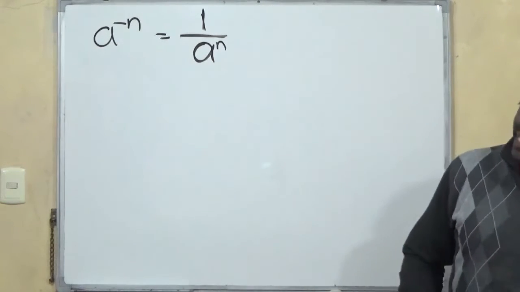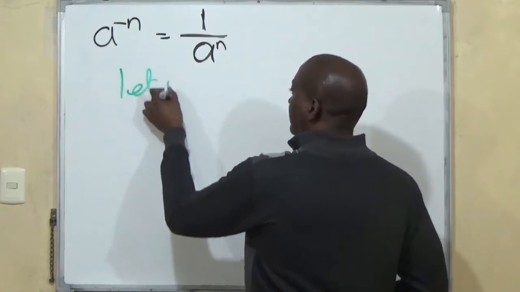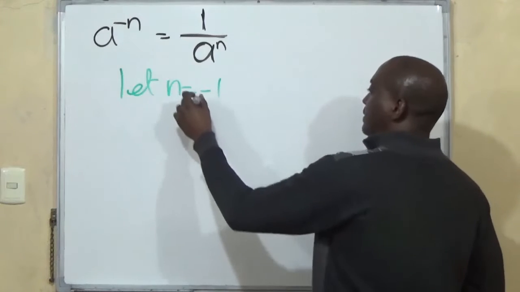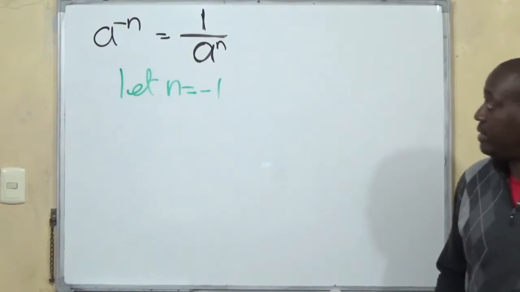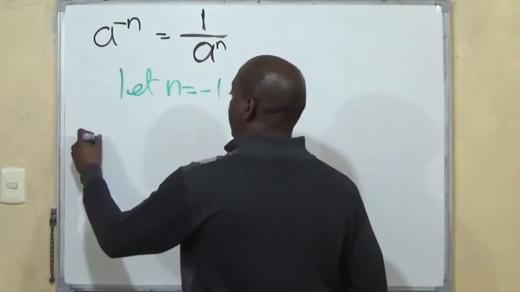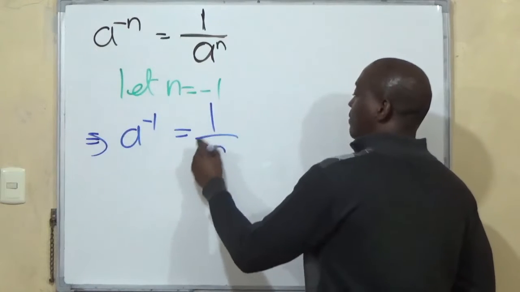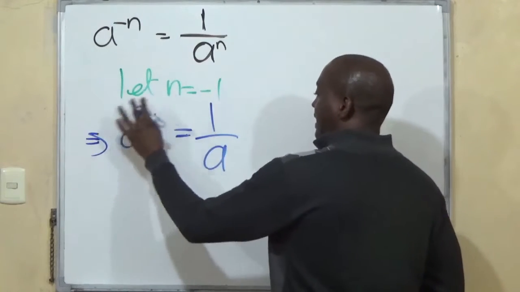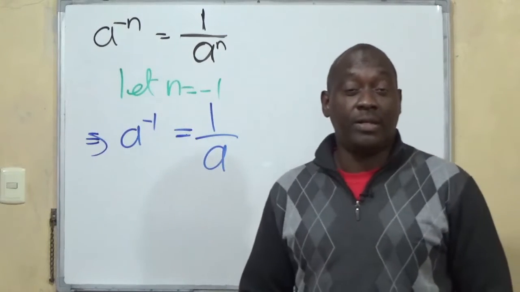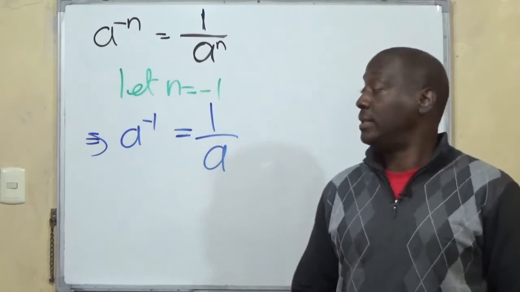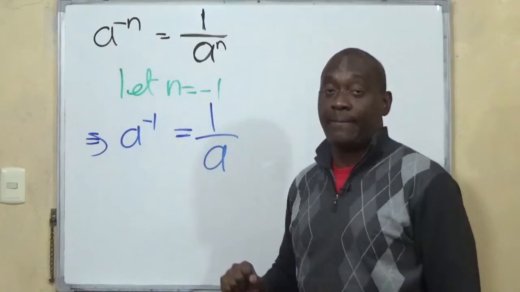Because when we let n equal minus 1, what we end up with would be that a to the minus 1 is equal to 1 over a. And as simple as that result is, that is a powerful result. Right? This is a special case of the general rule here.